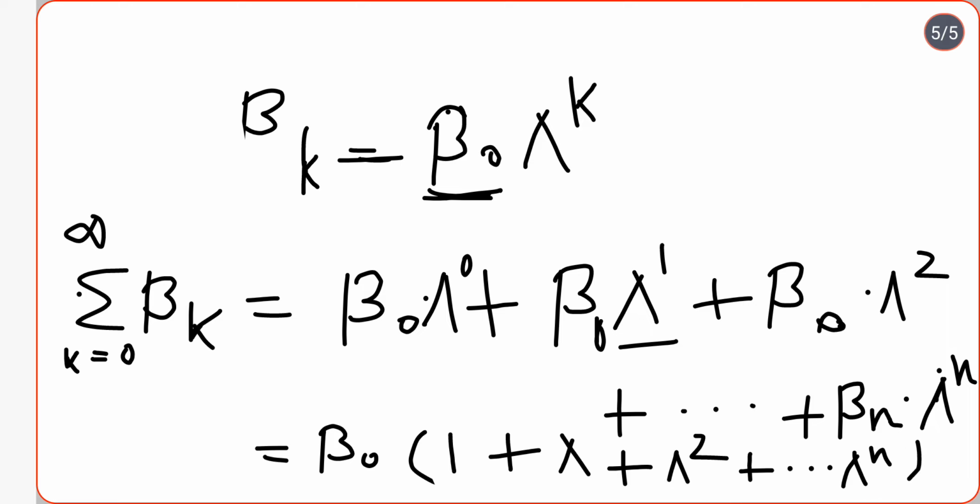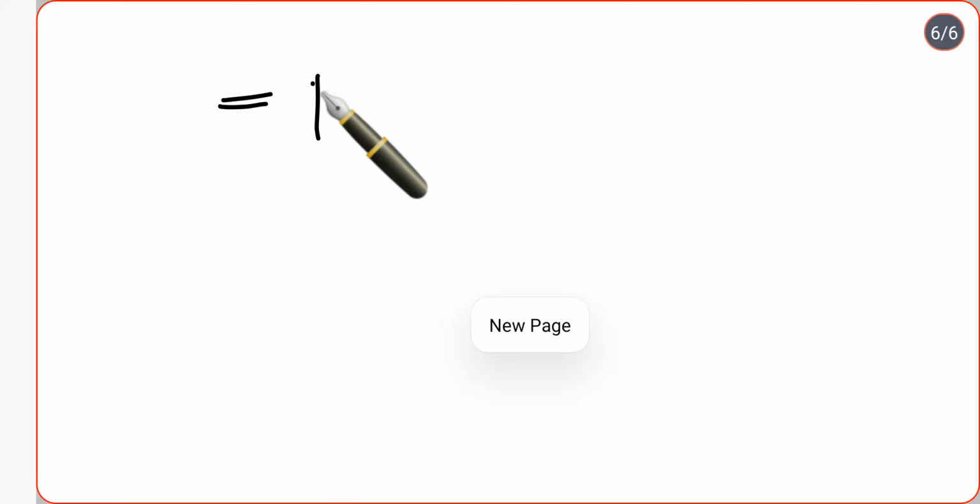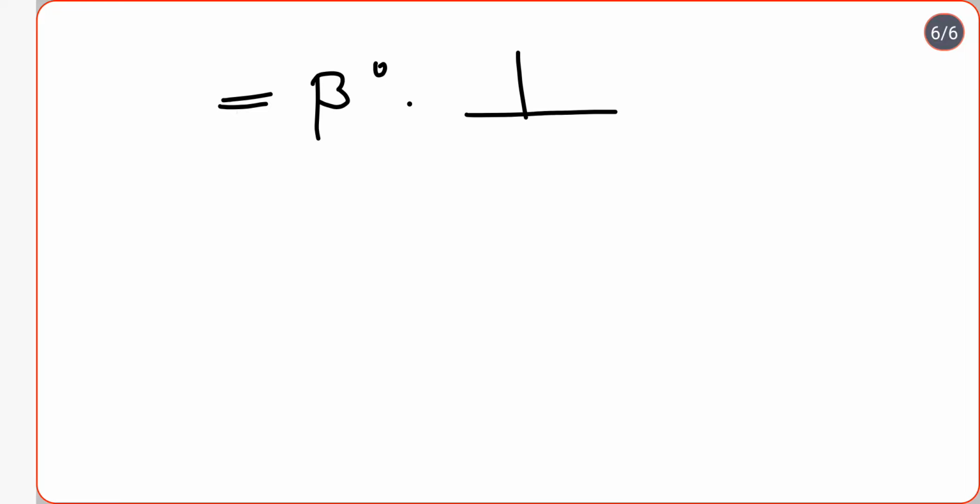This is nothing but an infinite series, and an infinite series of lambda can be expressed as 1 by 1 minus lambda. So I can write it as beta 0 into 1 by 1 minus lambda. Okay, so that's how we can represent it.